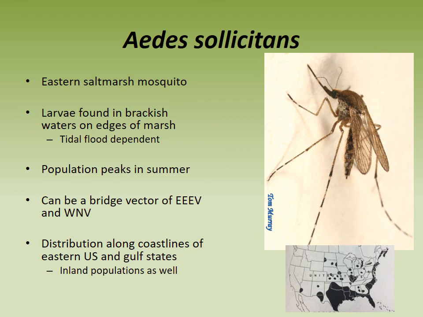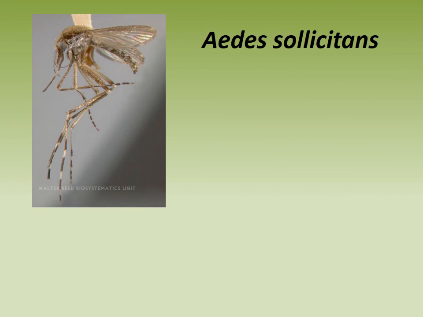Population usually peaks in the summer, but you can have some earlier or later populations. Bridge vector for EEE and West Nile. Distribution along the coastlines of the eastern U.S. and Gulf states.